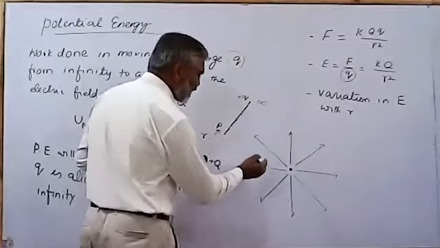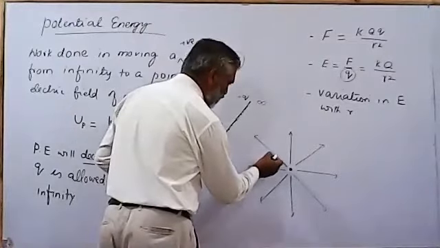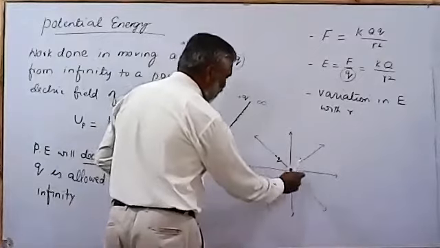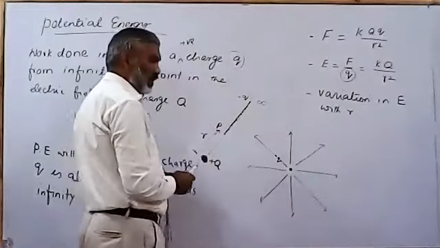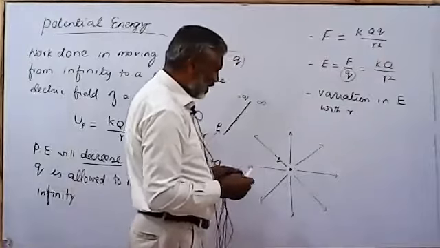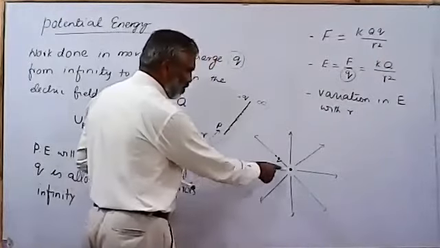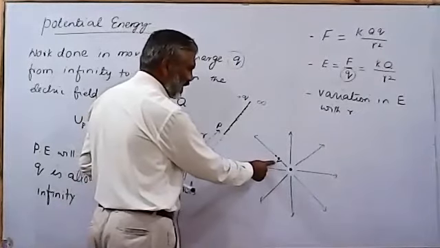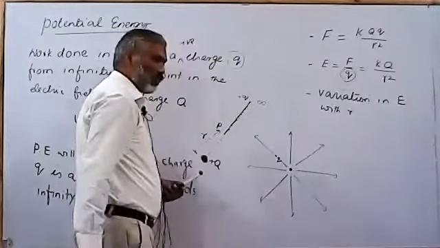So if you place a charge at this position, suppose this is small q charge, it will move away from it. Electric field lines simply show us the direction along which a charge that we place at any point in that field would move.